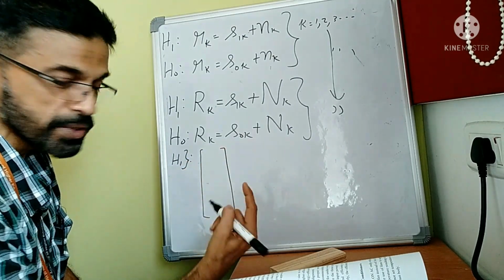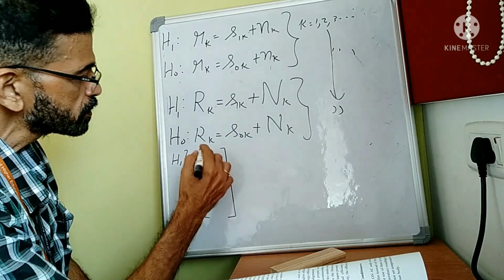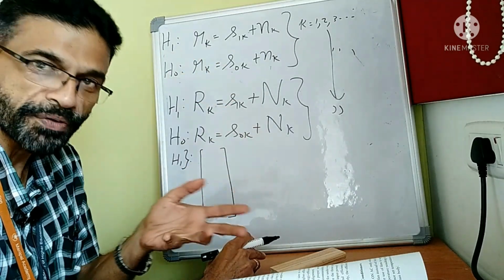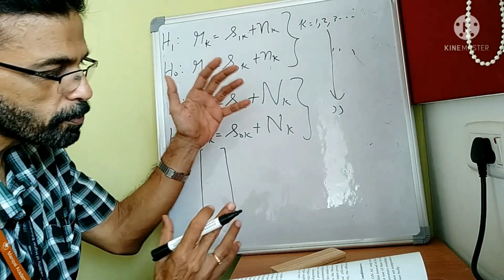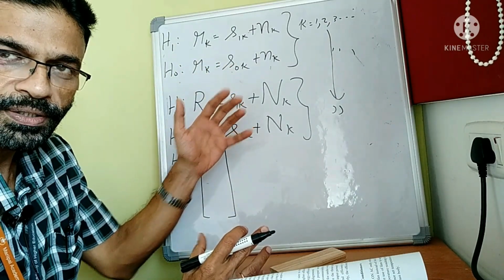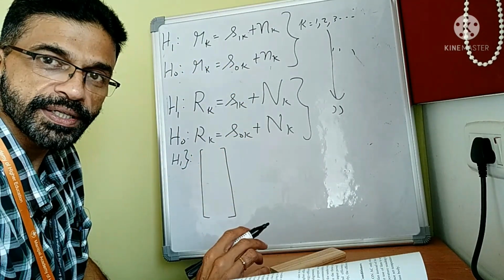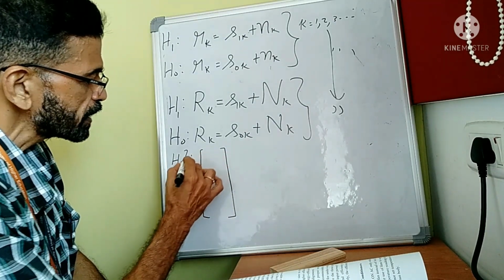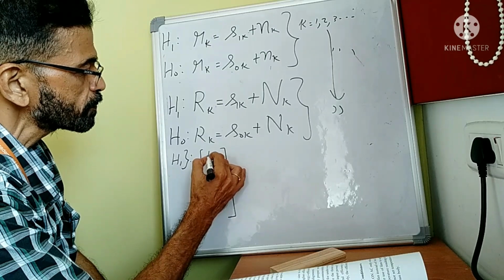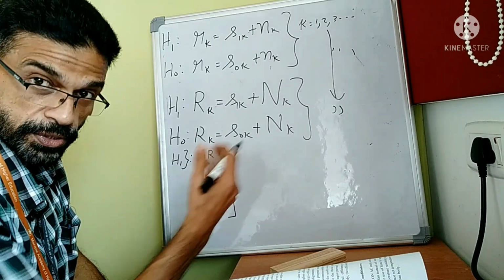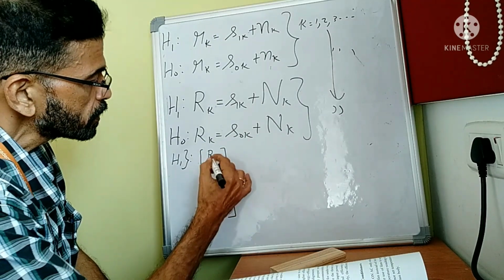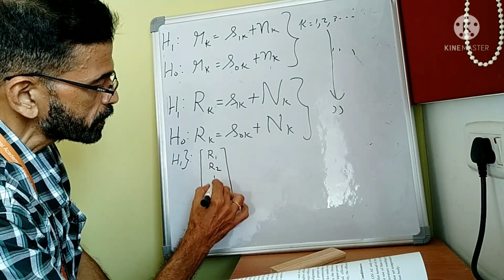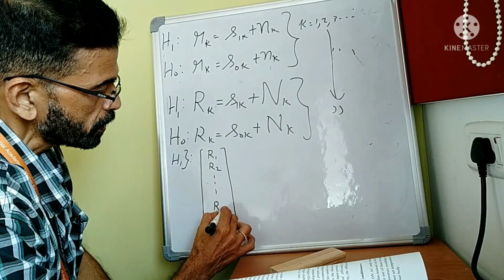is not just one random variable. Of course, we have been successful in converting that received random process into a number of random variables, and that number of random variables we put together and call a random vector, a multivariate random variable. So when H1 is the true hypothesis, what we receive is R1, R2, etc. up to Rn.